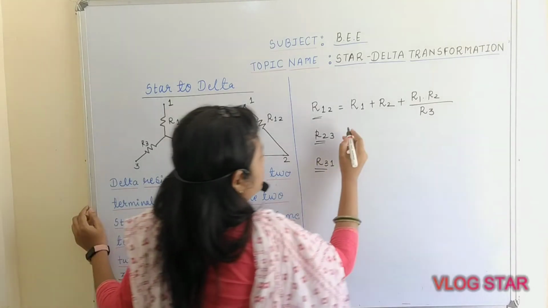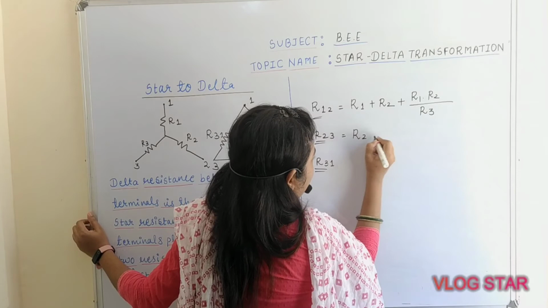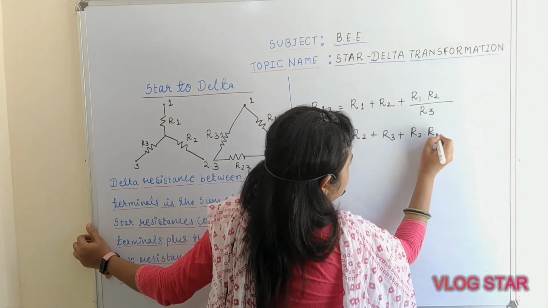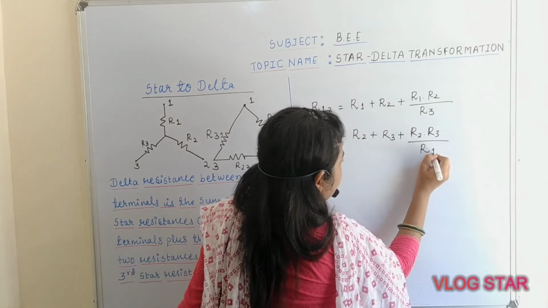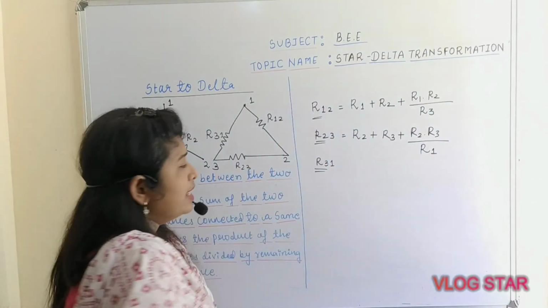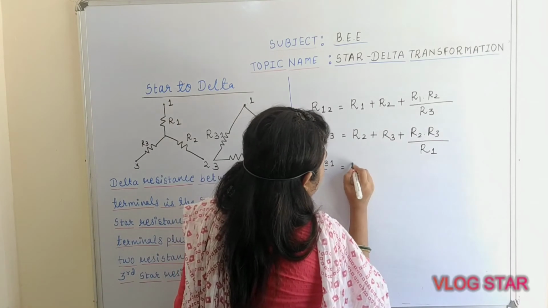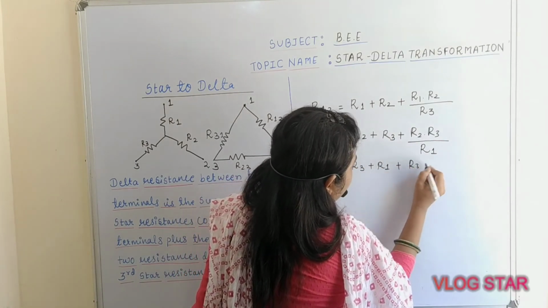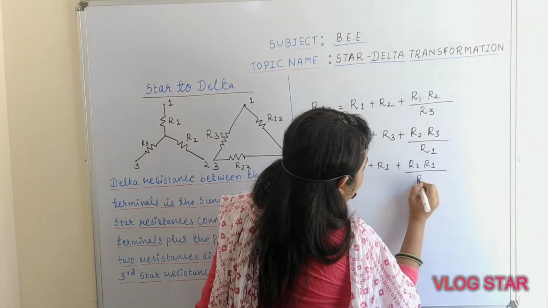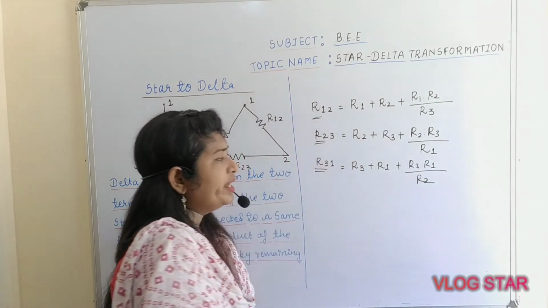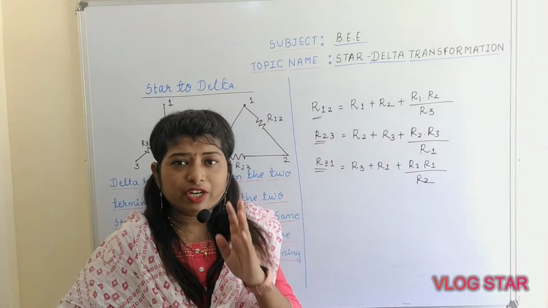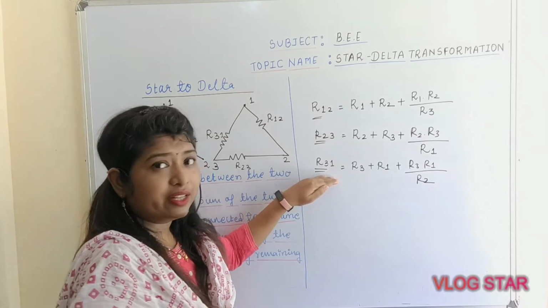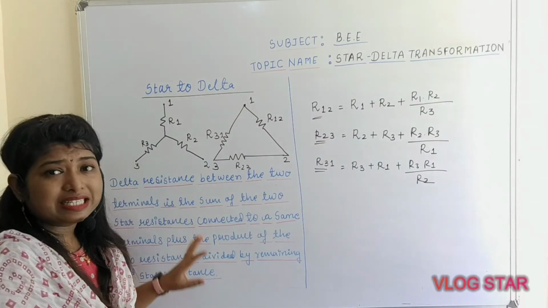So the sum of the two resistances, R2 plus R3, plus the product of those resistances divided by the remaining resistor, which is R1. Similarly, R3 plus R1 plus R3 into R1 divided by the third resistor, which is R2. I hope you have understood how to formulate R12, R23, R31 with the help of this statement.